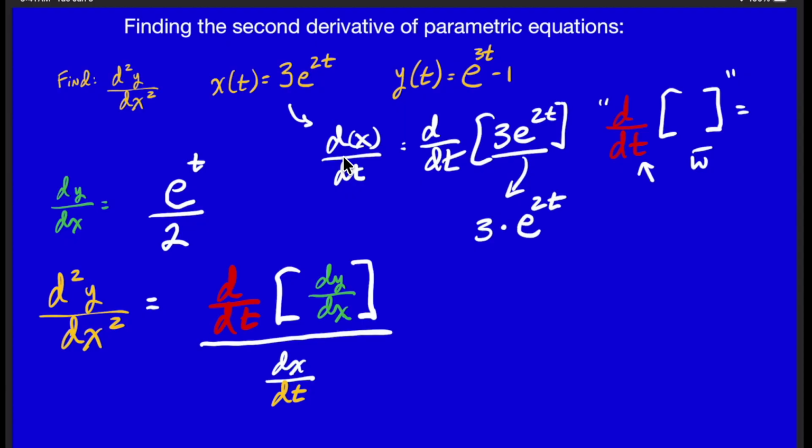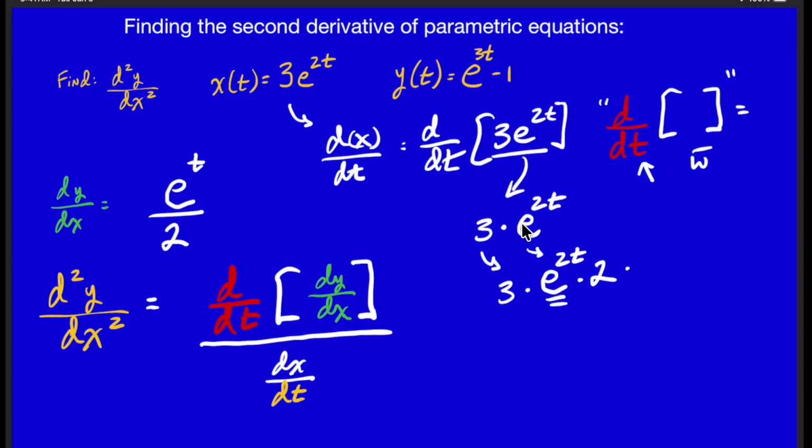Now the way I do this is left d right. So that would be 3 times the derivative of this. And when we take the derivative of this second factor, we're just going to rewrite it as e to the 2t, take the derivative of the exponent, which is 2, and then the natural log of the base, which is just 1. So that's how you do this.